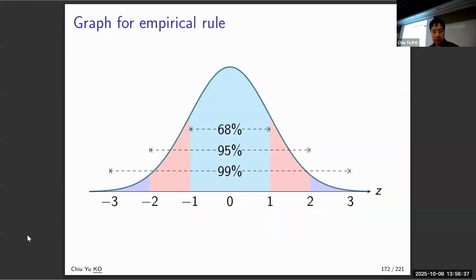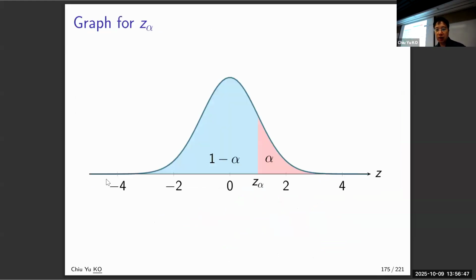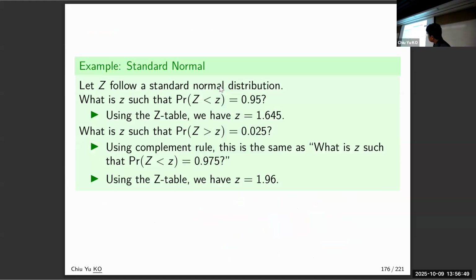Now we said that's how to go forward. If I give you the probability, what is the number? So you would look at the question like this, inverse. I give you the probability, but I go back to ask what is the number that is less than 95%.